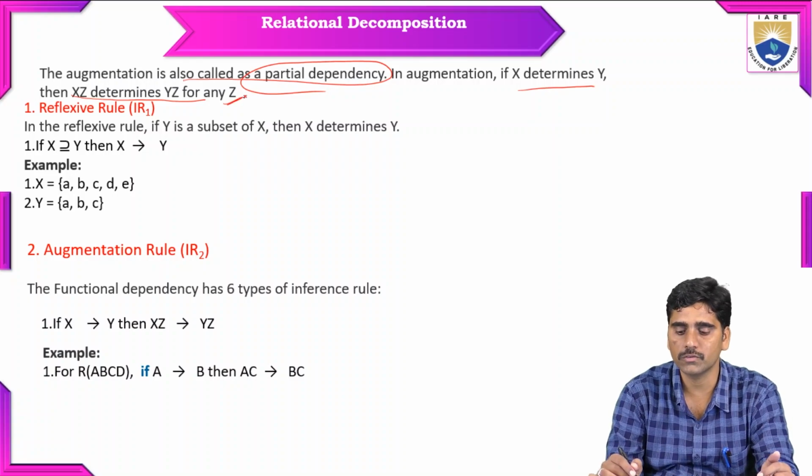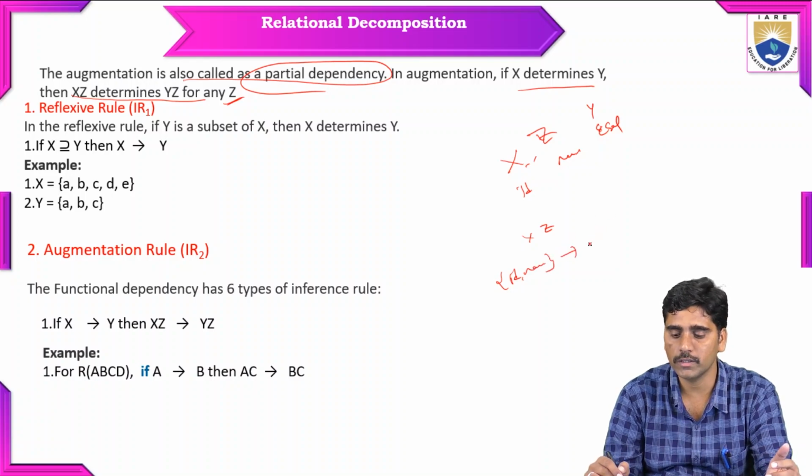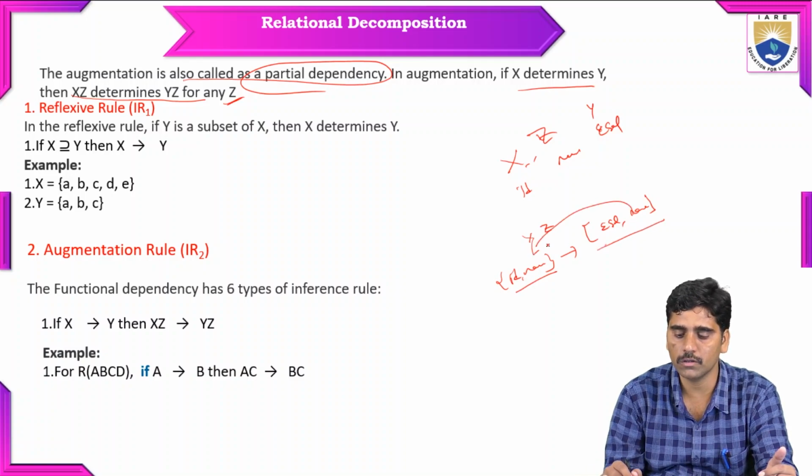Suppose x is id, z is name, and y is salary. Then xz, that is id comma name, determines yz, that is salary comma name. So id comma name determines salary comma name, which is a dependency.